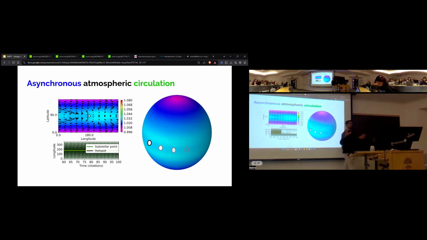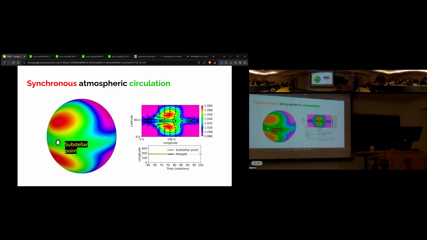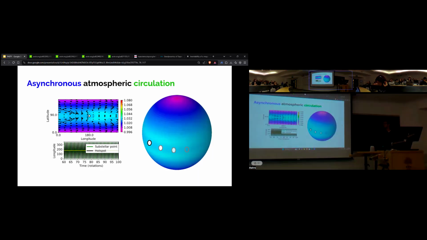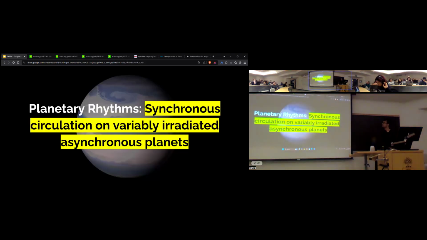So wherever there is day, the temperature is highest over there, and that is where the substellar point is. So for synchronous planets, the substellar point is fixed, while for asynchronous planets, it moves around along a particular latitude, the equator over here.